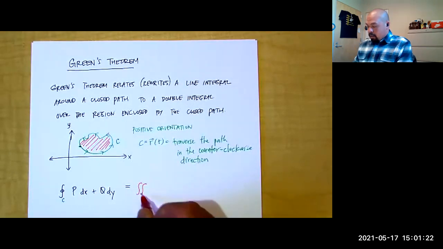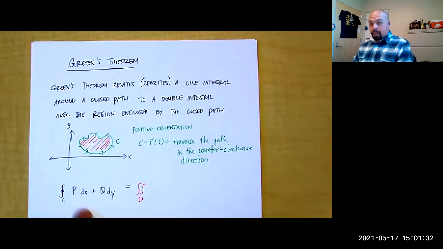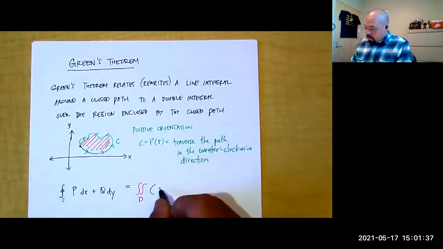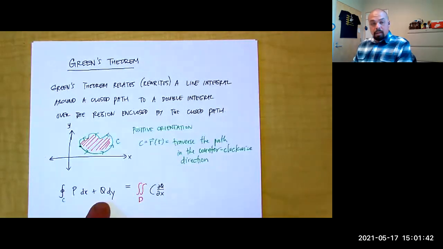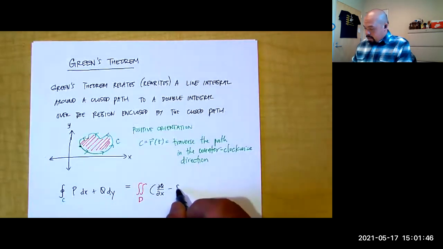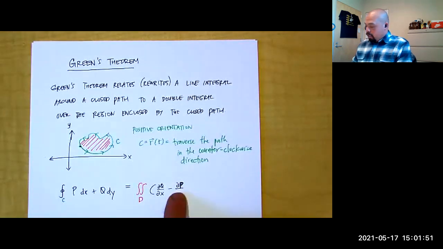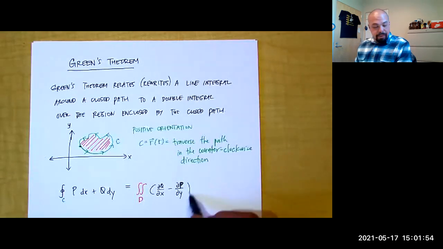we can equate that to this integral over the region D, but in that conversion, since we're switching from a line integral to a double integral, this kind of area integral, if you will, we're going to look at dQ/dx, the partial of Q with respect to x, minus dP, sorry, the partial of P with respect to y, that difference, dA.